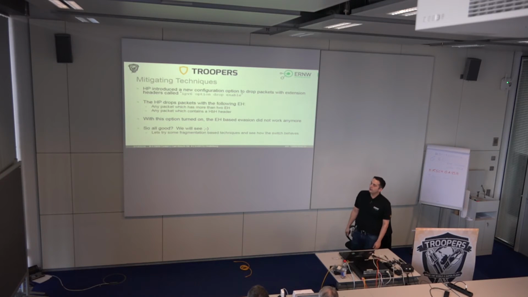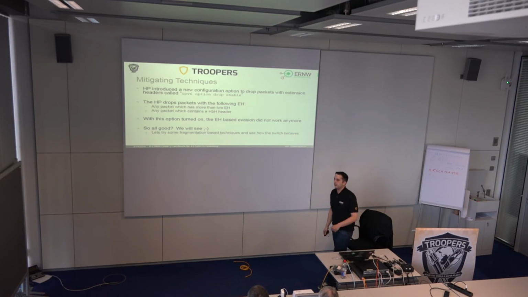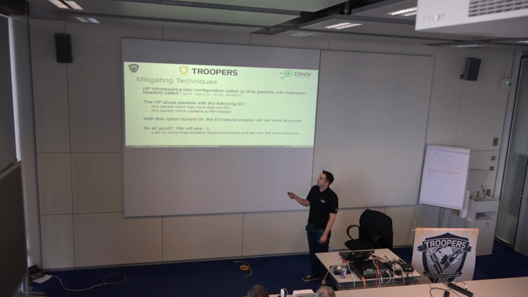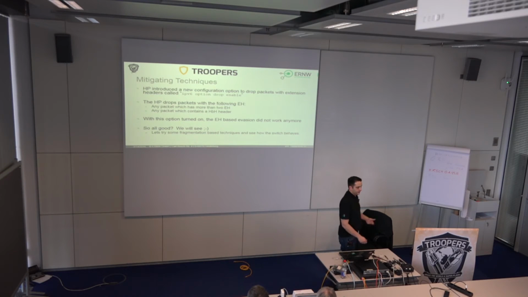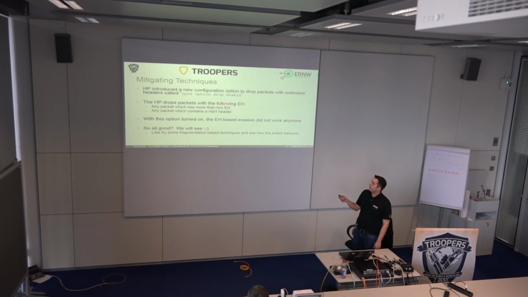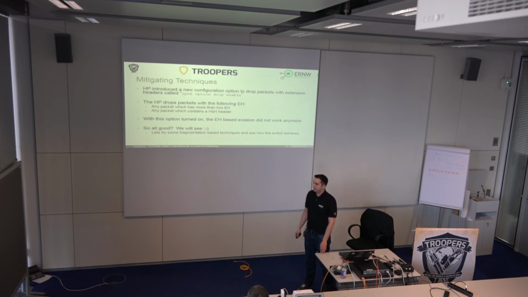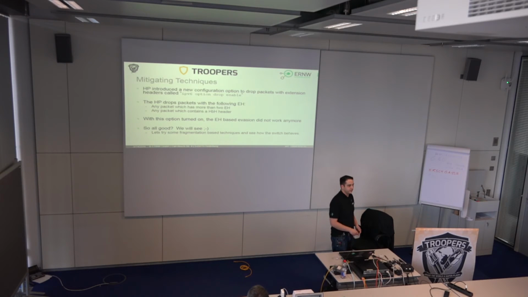Any packet which has more than 2 extension headers will always get dropped. And any packets which contain the hop-by-hop header will also be dropped. And as soon as I activated this option, the extension header-based evasion did not work anymore. But of course, there are more ways to evade such features than just extension headers.